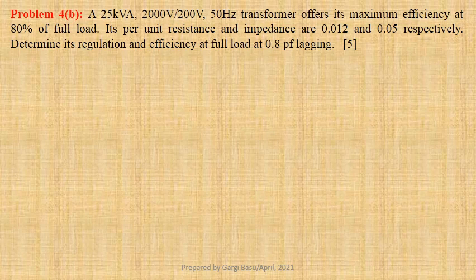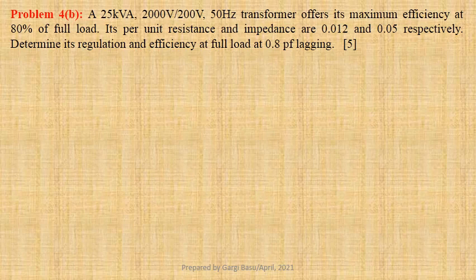A 25 kVA 2000 volt by 200 volt 50 Hz transformer offers its maximum efficiency at 80% of full load. Its per unit resistance and impedance are 0.012 and 0.05 respectively. We have to calculate its full load voltage regulation and efficiency at 0.8 lagging power factor.